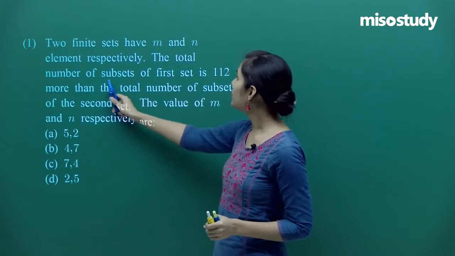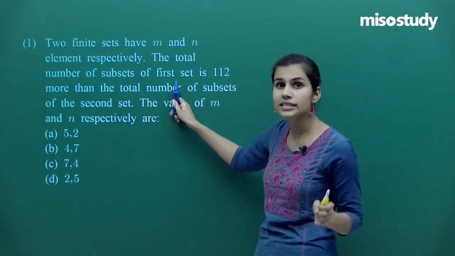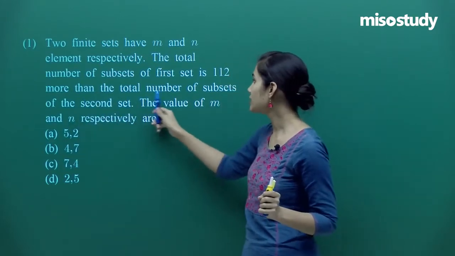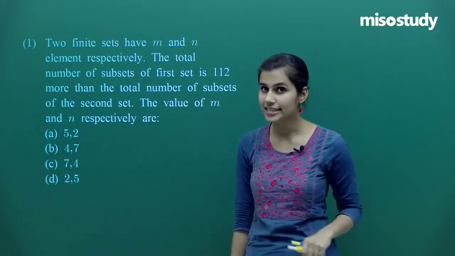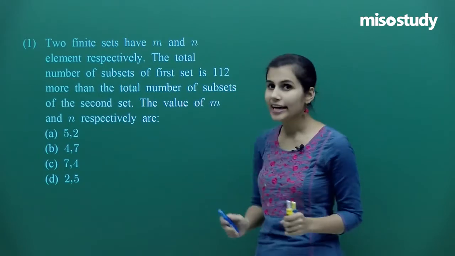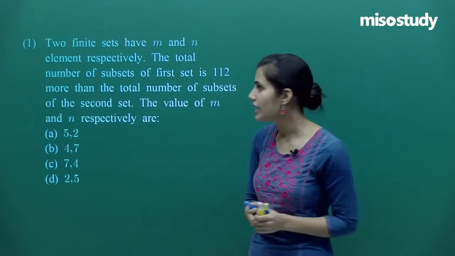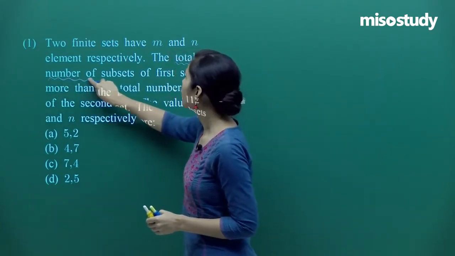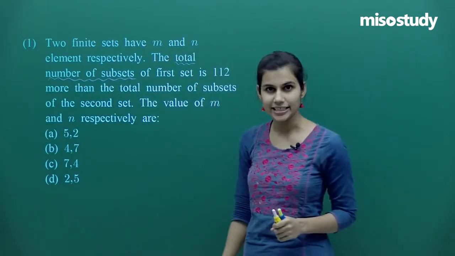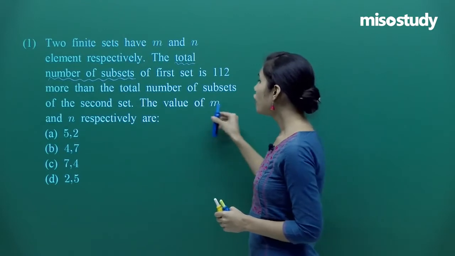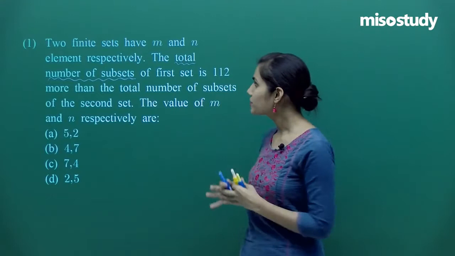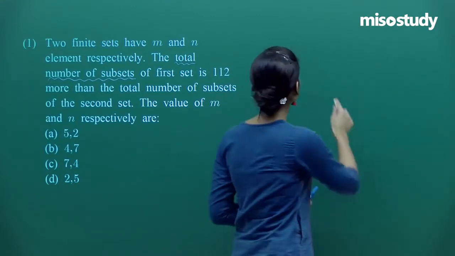The total number of subsets of the first set is 112 more than the total number of subsets of the second set. In the entire line there is one concept being stressed, which is the total number of subsets of a set. The value of m and n is being asked. So let us proceed with this question.